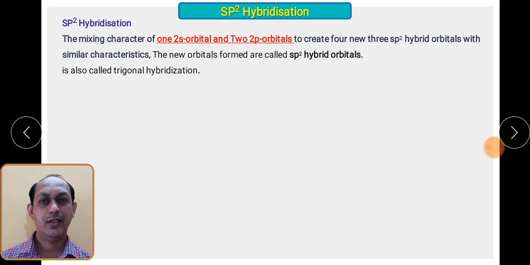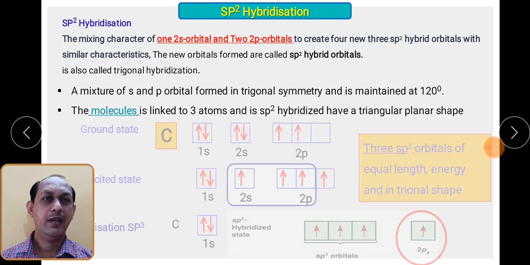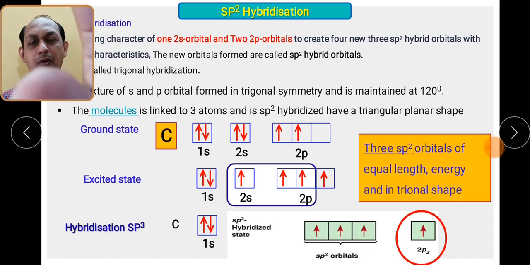So it is also called trigonal hybridization. Remember sp2 is the trigonal hybridization. You can also predict the bond angle: the bond angle will be around 120 degrees with trigonal symmetry. Trigonal means just like a triangle. So this is how we get the triangular planar shape for the sp2 hybridized orbitals.